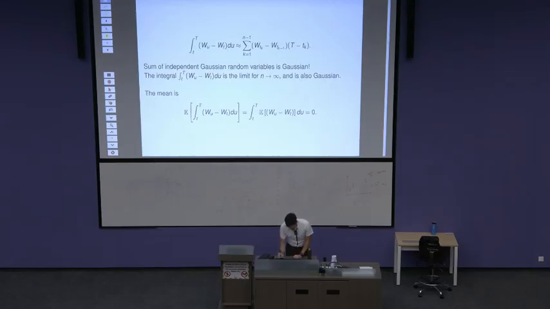So what we have here on the right-hand side is, again, the sum of increments of the Brownian motion. So we know that first, increments of the Brownian motion are independent.